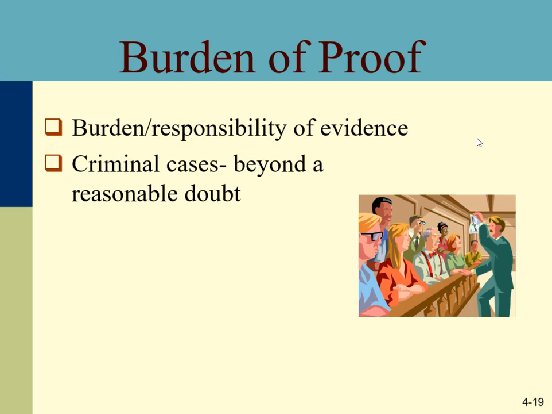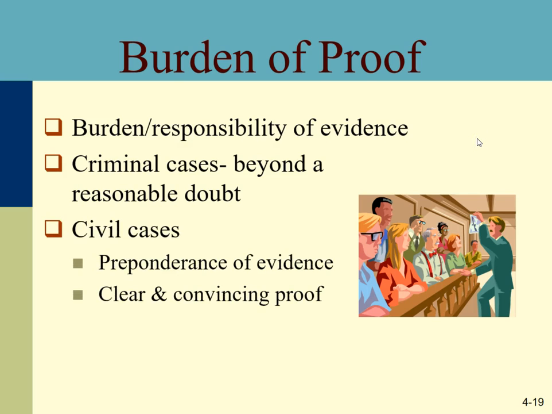In criminal cases, it's beyond a reasonable doubt. This means that the facts as presented at the trial are more likely than not to have been present in the case. And they have to look at it and say it is beyond a reasonable doubt.